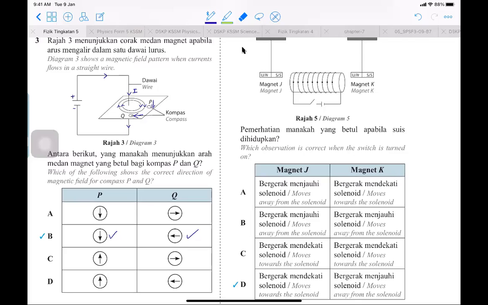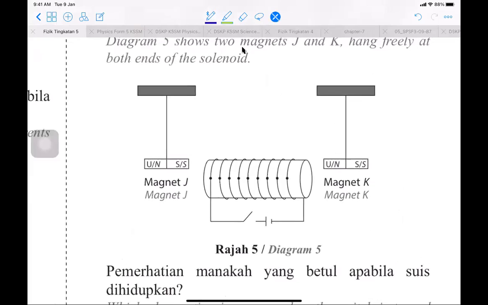D. Dia punya J moves towards the solenoid and magnet K moves away from the solenoid. D. Okay, kita check how to get dia punya answer.